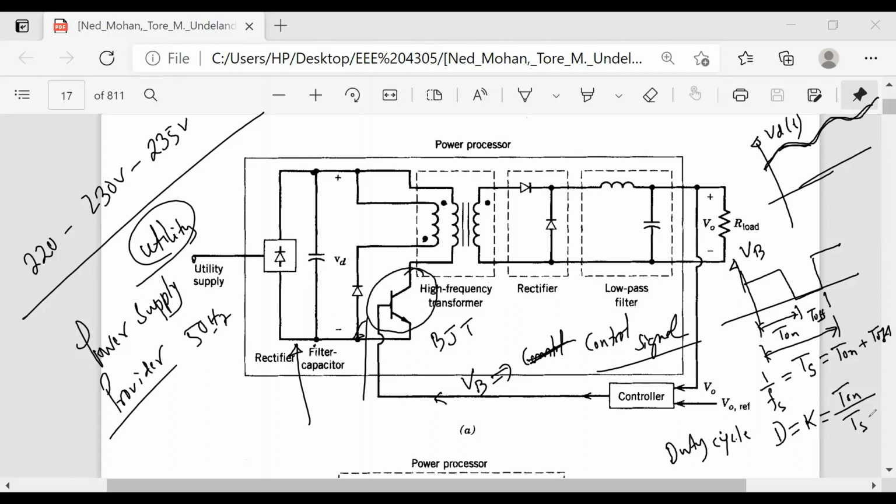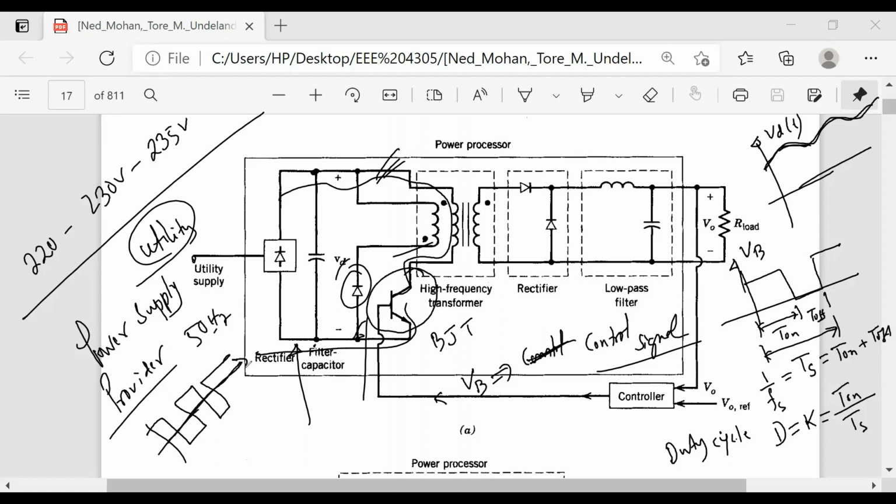Okay. So now what we do, we switch on. If we switch on this one, the current will flow this way, this way, and back this way. And then if we make it off, this circuit will not be there, and then the diode will be turned on, and the current will go this way. So then we will get an AC-like signal here, but with a very high frequency.